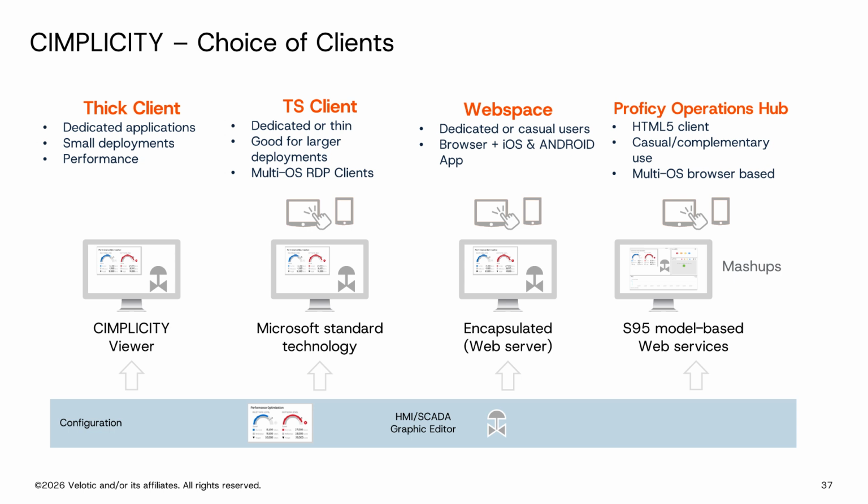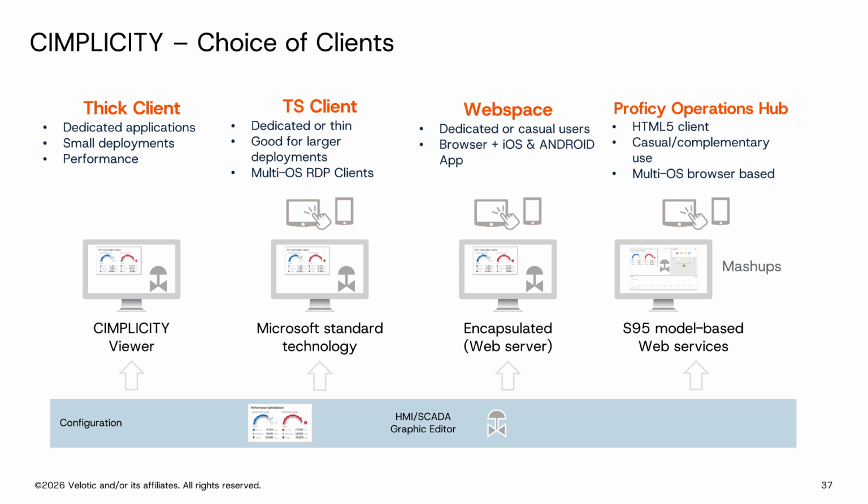In a similar way, our WebSpace add-on allows you to do a similar thing with the client being a web page or a browser to be able to see instances of the thick client running on this central WebSpace server.